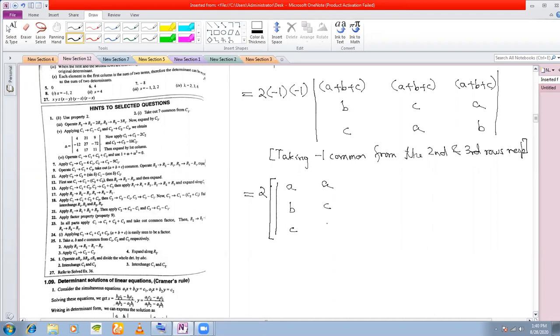A, C, A, A, A, B. This determinant plus. Next is your B, B, C, B, C, A, and B, A, B.